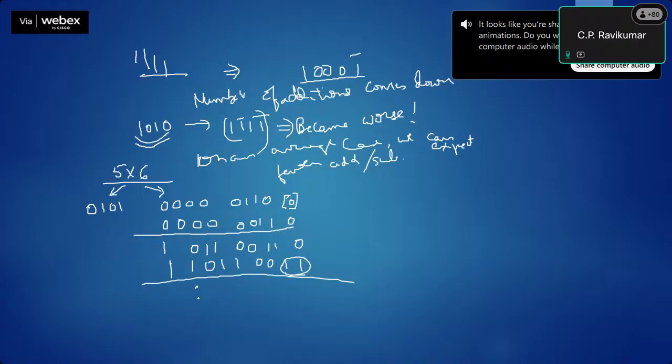We simply shift. Last but not the least, we see a 1, 0. So we add. So this is 1, 1, 1, 0, which is minus 2. Minus 2 plus 5 is 3.